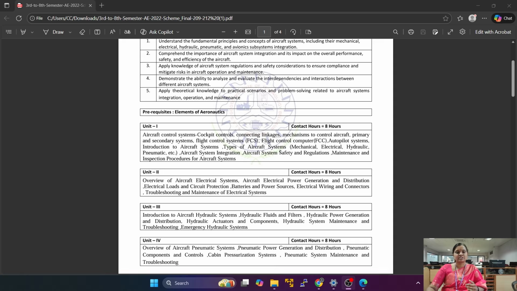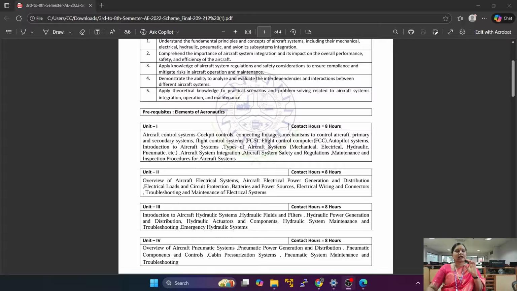So we have the control systems, the controls of the cockpit or the joystick, and the other instruments such as mechanical, as I mentioned, and electrical. Then you have hydraulic systems, pneumatic systems, and the avionic systems. All these initial conventional aircraft systems are discussed in unit 1.